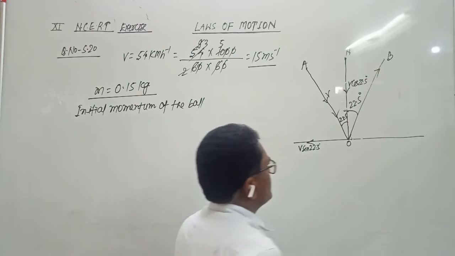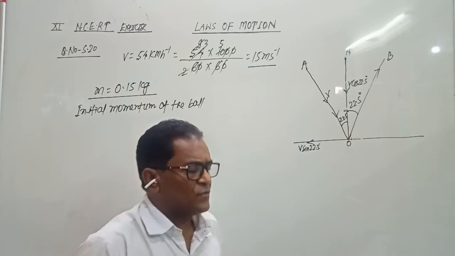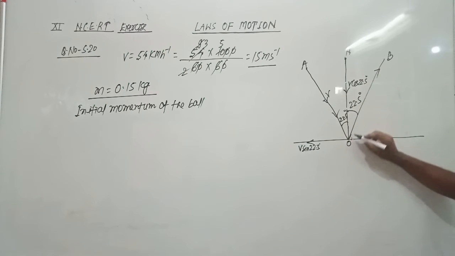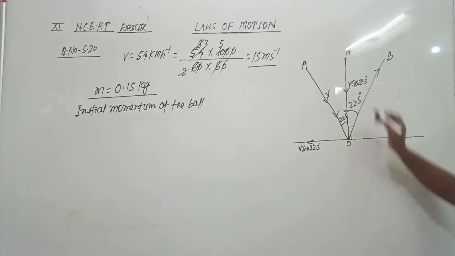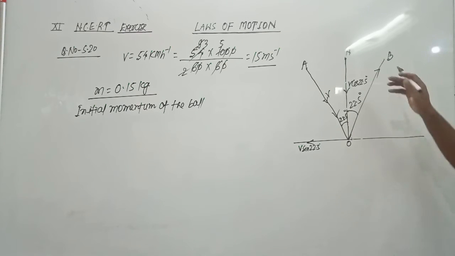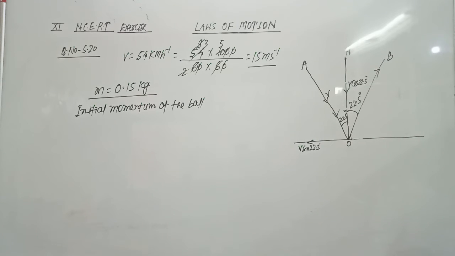V is inclined at an angle of 22.5 degree with the vertical, so it must have a horizontal component and a vertical component. The direction of this component is along NO, and along NO direction we take as positive.